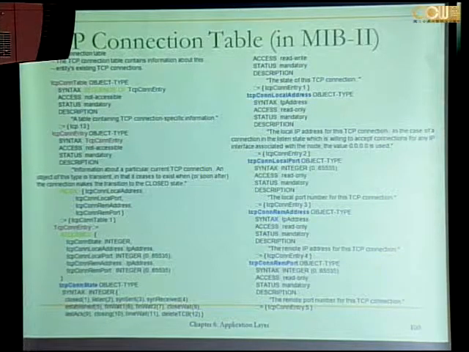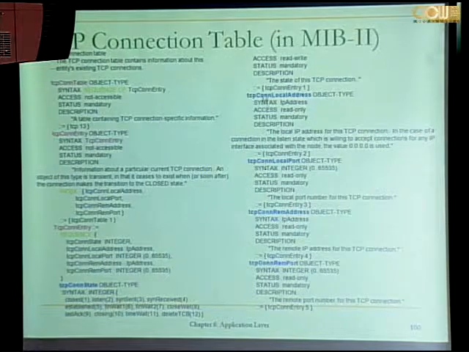In chapter 5, we have seen the TCP connection state machine, which has 11 states. These are the 11 states here. So the connection state could be one of these 11 states.